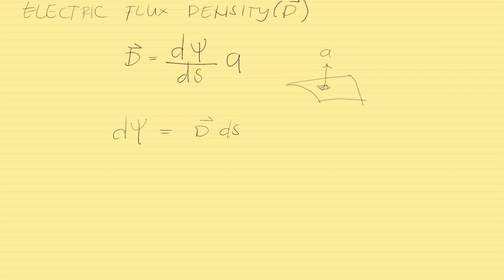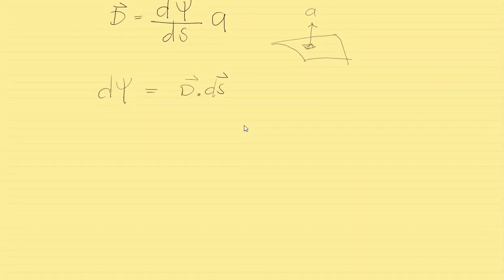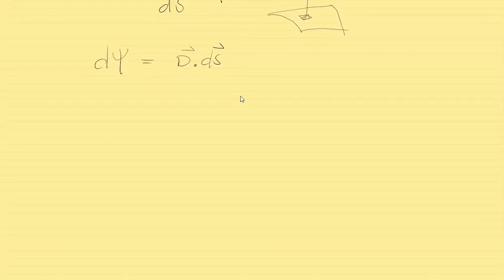So in general, we do this as a dot product, with the direction of that vector perpendicular to the surface area. So in general, a differential electric flux is the dot product between the flux density and the surface area.